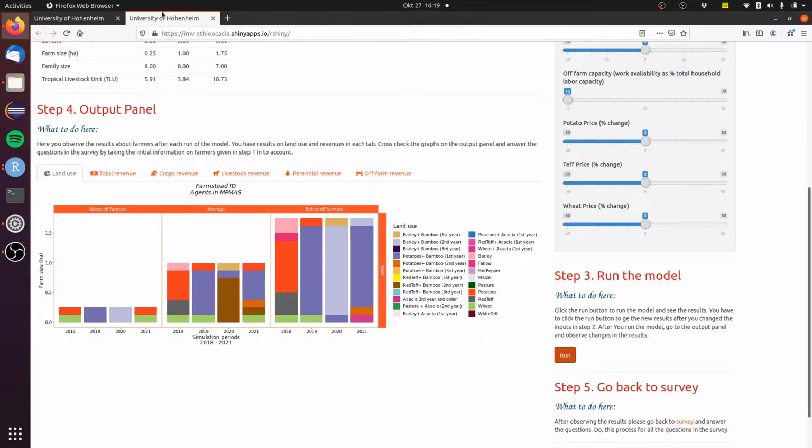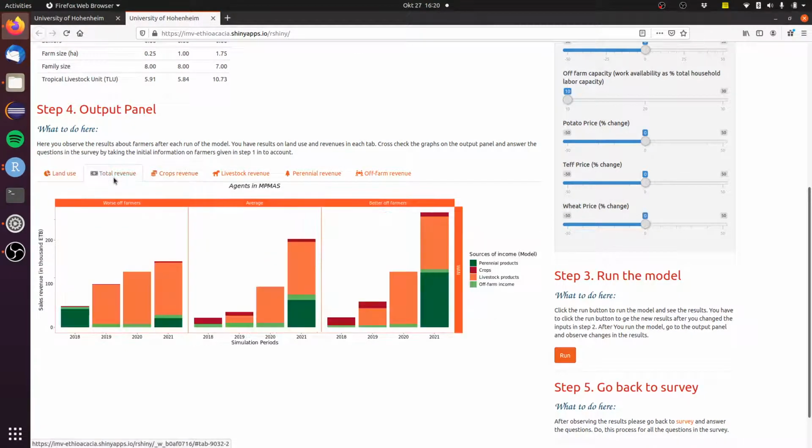So we go to the total revenue tab, and then we see the share of the total revenue obtained from each sector. The revenue obtained from perennials, the revenue obtained from crops, the revenue obtained from livestock products, and the revenue obtained from farm income.